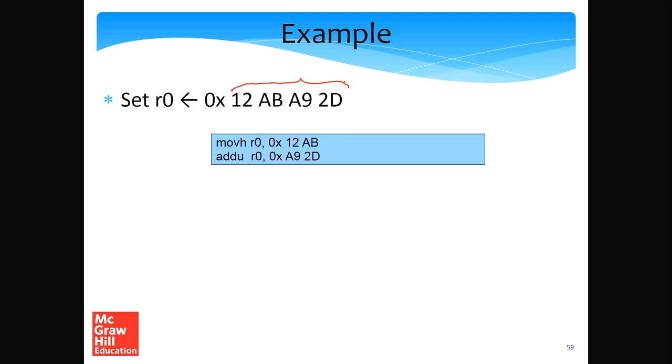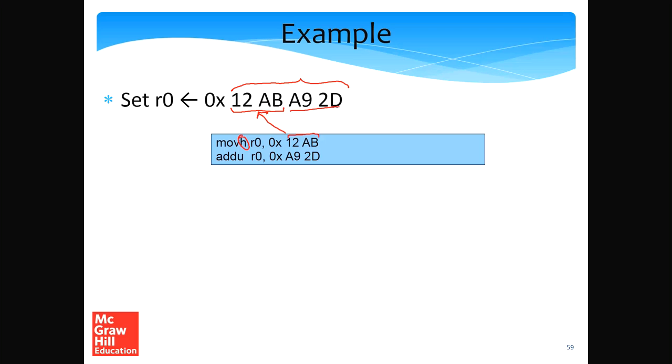So let us break down this problem into 2 simple problems and solve the problems in parts. So the first problem is that we need to take 1 to AB and load them in the 2 upper bytes. That's very easy. So we consider 0x1 to AB, right, in the hex form. We use the H modifier to actually move this the 2 upper bytes.